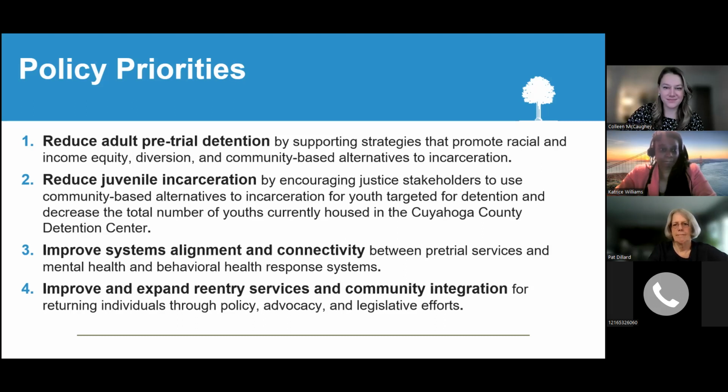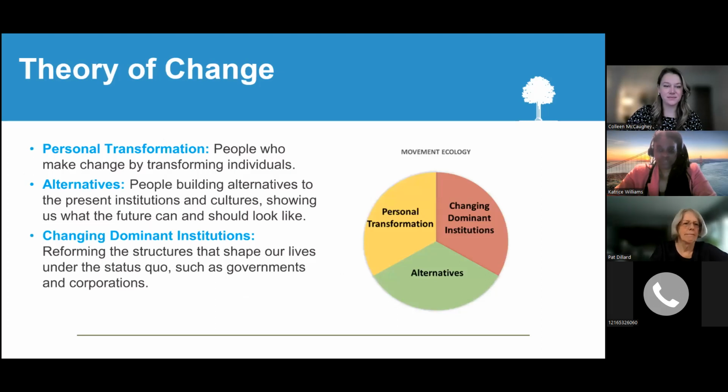Next slide. So our theory of change is built on the movement ecology model, where foundations focus on different things. Some may focus on what we call personal transformation, which may be known to you as direct service or programming, so providing direct services to individuals so that it allows them to transform and to become stable.